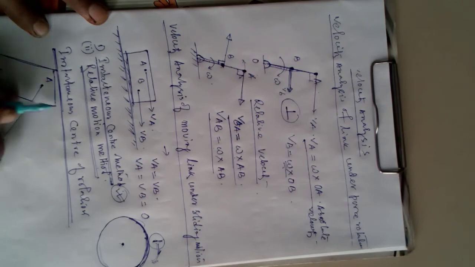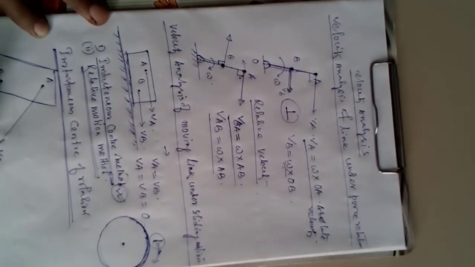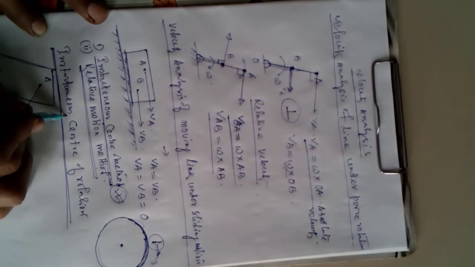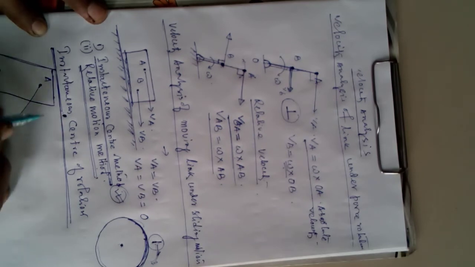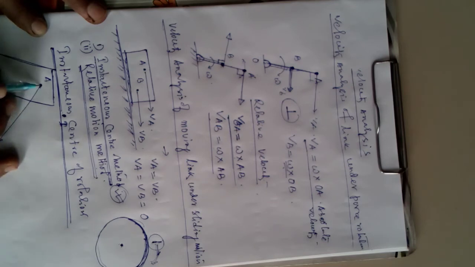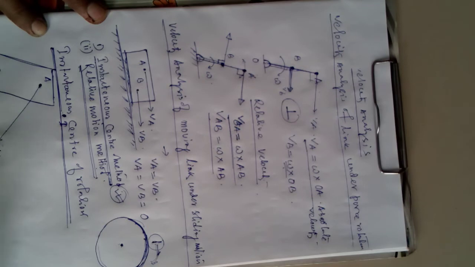So in a link, there are a point A and a point B. Suppose that is the instantaneous center I. So how do we find out the velocity? Suppose we do not know the directions of the velocities VA and VB.